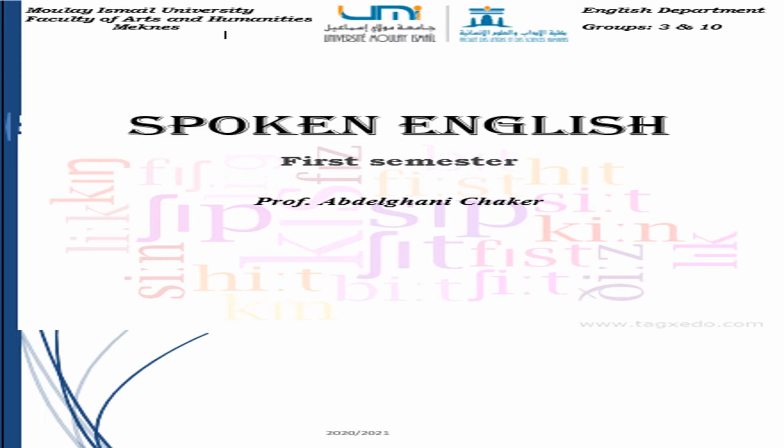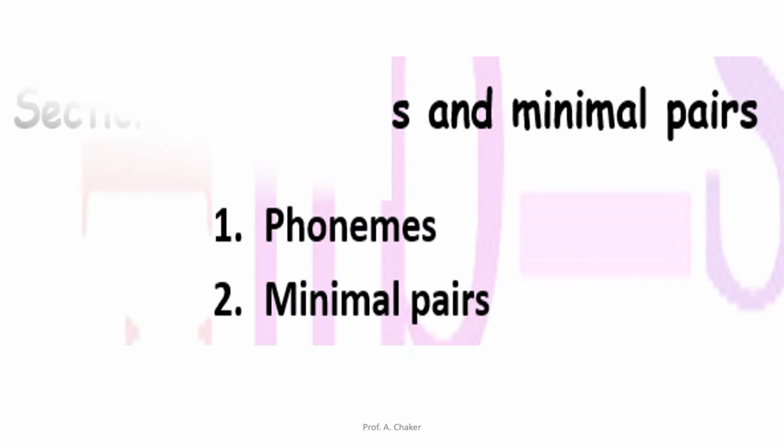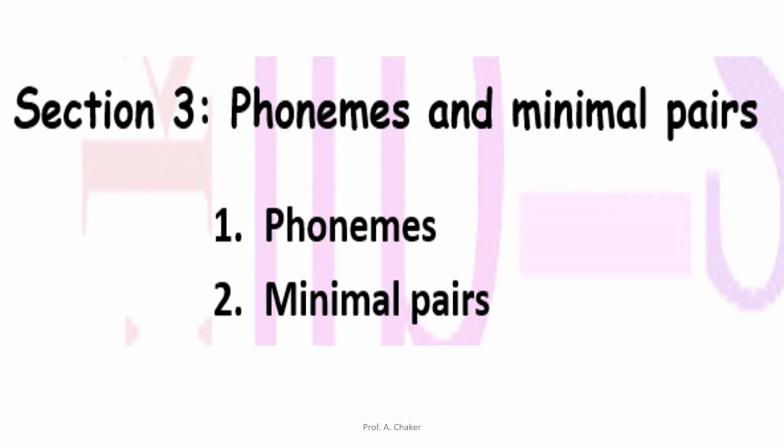Then we dealt with transcription, that is the way of representing the speech sounds using the symbols. Today we are going to deal with section 3, phonemes and minimal pairs. What are they? These two concepts are related to each other. We'll see how.